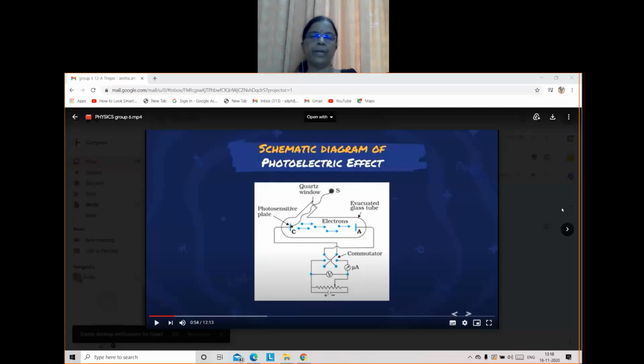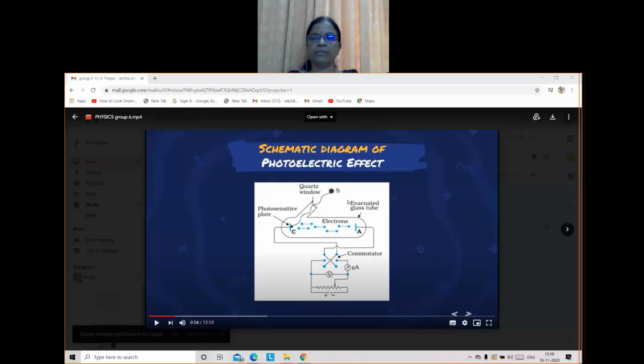Okay. And when such radiations are incident, what do you have to say? When light of frequency greater than the threshold frequency, or you can say light of suitable frequency, is incident on a metal surface, electrons are emitted from it.